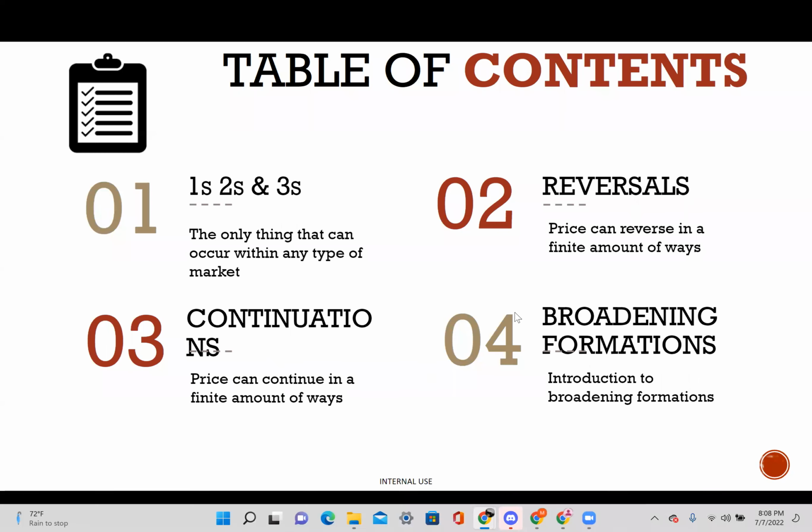Then on the 4th week, we'll go into what's broadening formation as well as what is full time frame continuity, FTC, and also what else did I put in there? And what is a PMG, right? So let's go to the next slide.